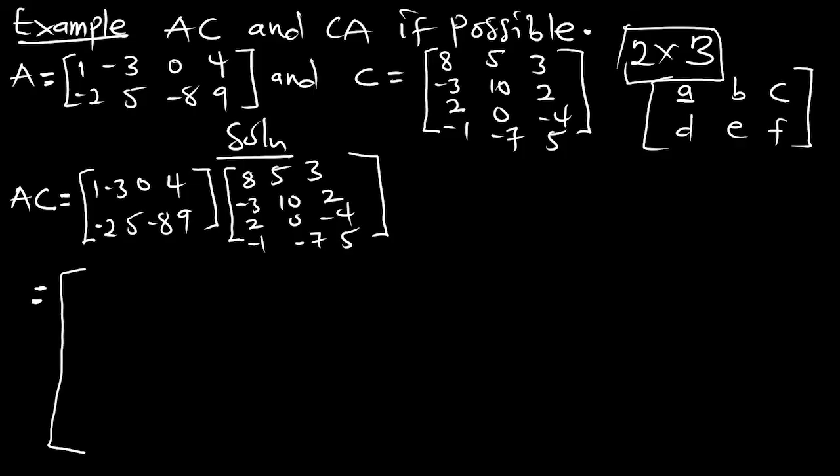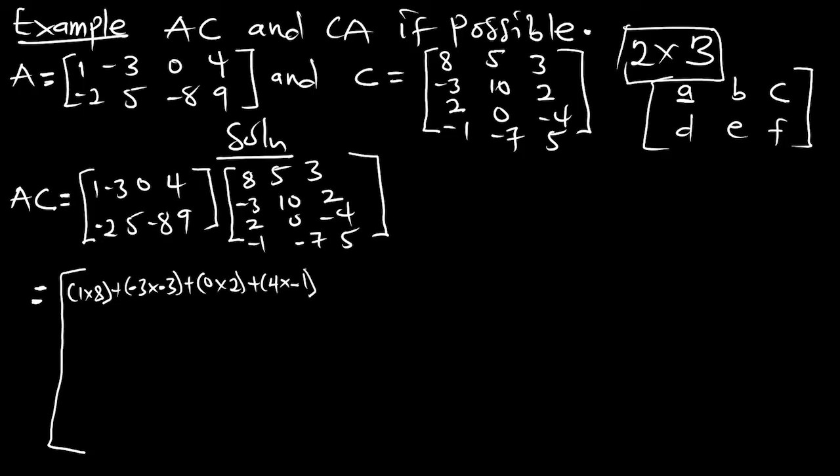That is going to give me 1 by 8, so we have 1 by 8, plus negative 3 by negative 3, because first row, first column, plus 0 multiplying by 2, plus this 4 multiplying negative 1.